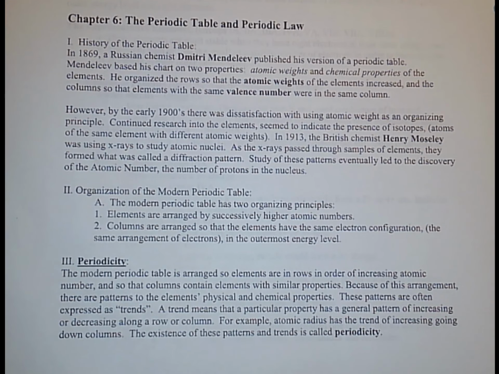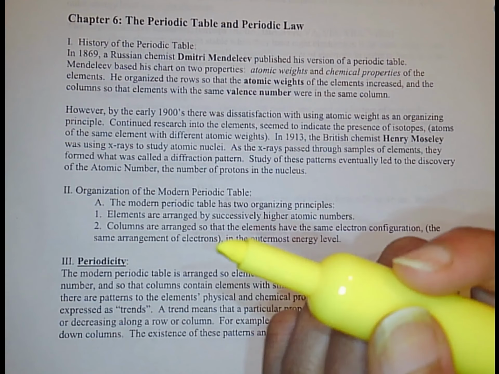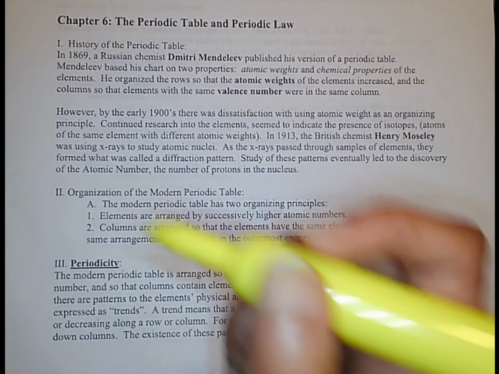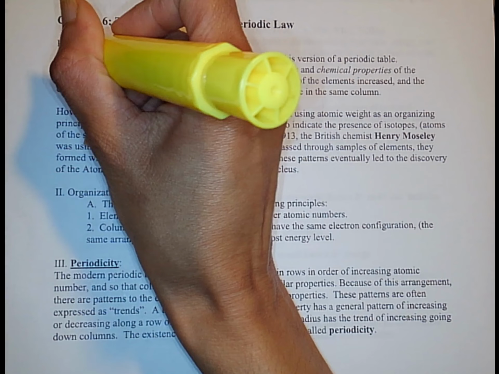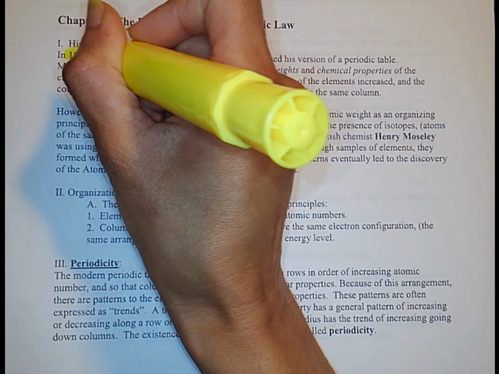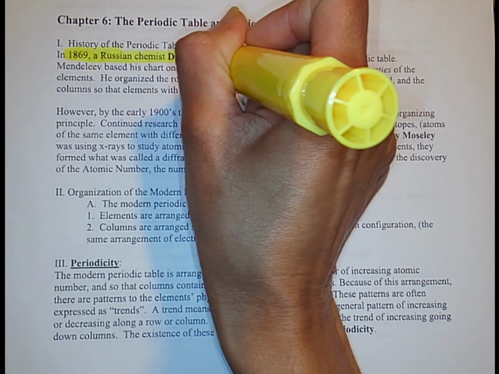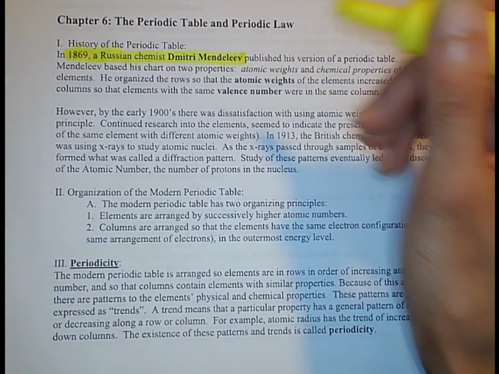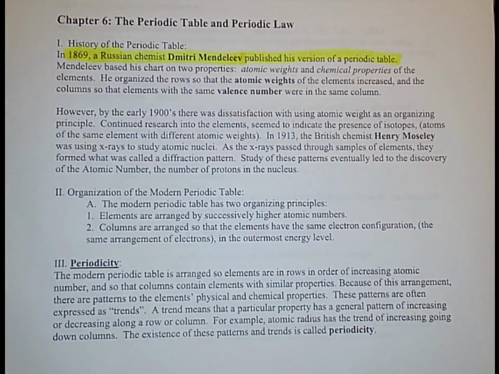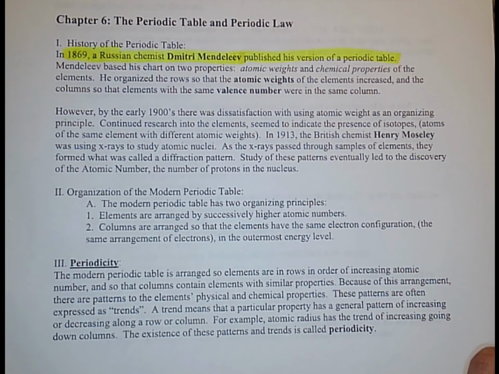Okay, so the history of the periodic table. The very first periodic table was made in 1869 by a Russian chemist, Dmitry Mendeleev, and his was the very first, or one of the first, published periodic tables.